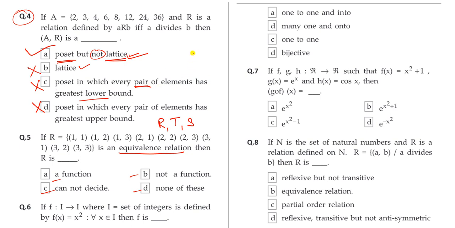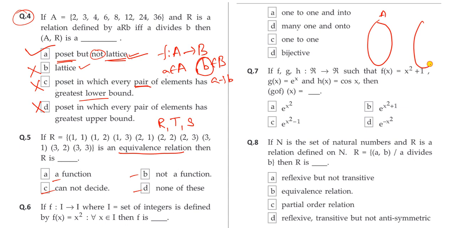What is the definition of a function? For f from A to B, with a belonging to A and b belonging to B, the relation from A to B must have a unique element existing. But here, from these elements, draw the function. Here we have the A elements, here we have the B elements.